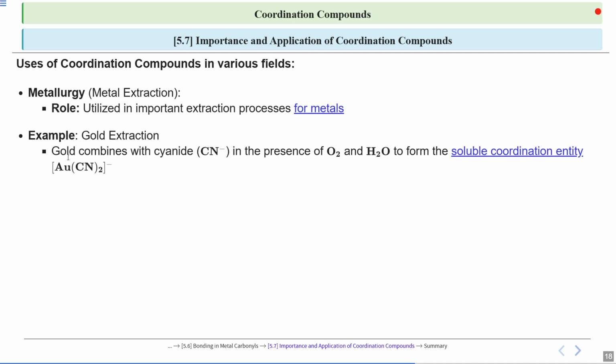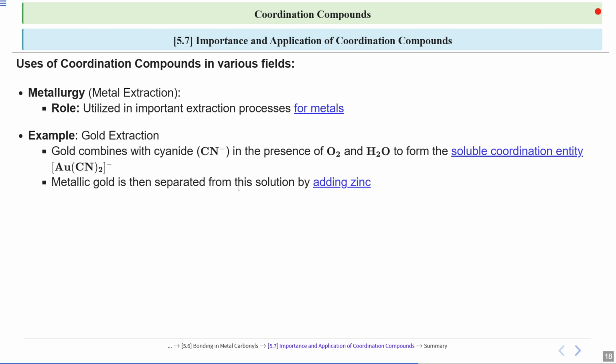This is a soluble coordination entity, formed when gold combines with cyanide in the presence of oxygen and water under normal conditions. Oxygen is available, water you can simply add, and then gold can combine with cyanide to form this soluble coordination entity, and through this we can extract the gold.